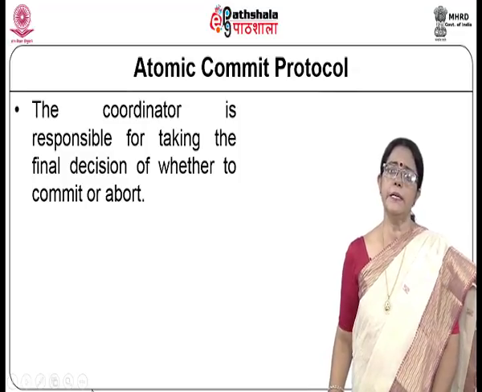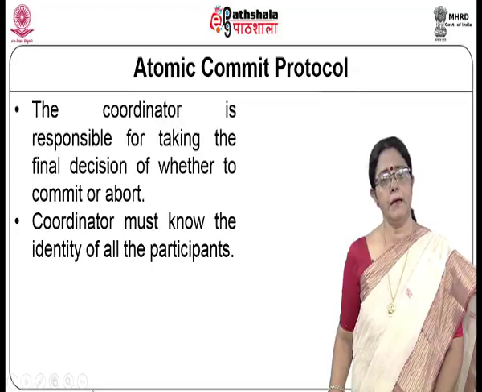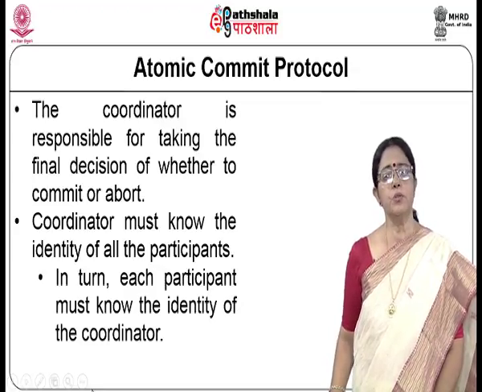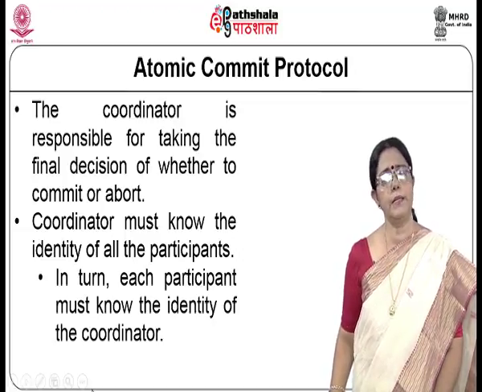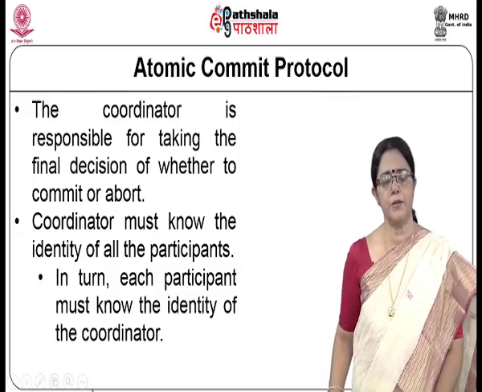Now, in an atomic protocol, the coordinator will take the final decision to abort or to commit. So, the coordinator, whichever it is, needs to know all the participating servers' addresses, basically their IP addresses or whatever RPC they are implementing.